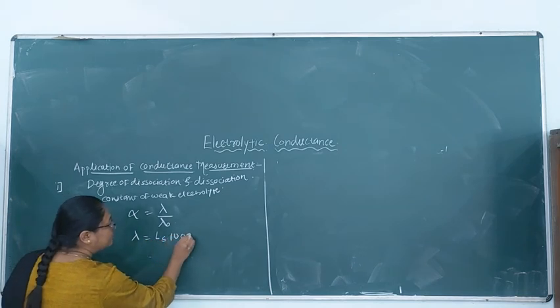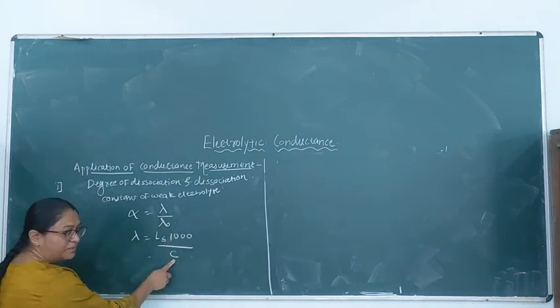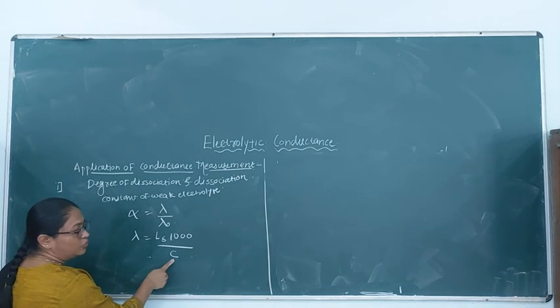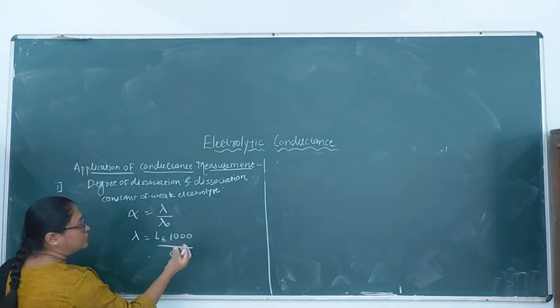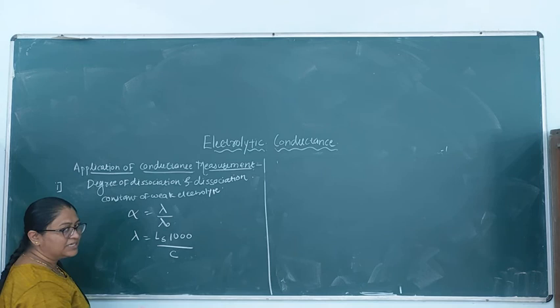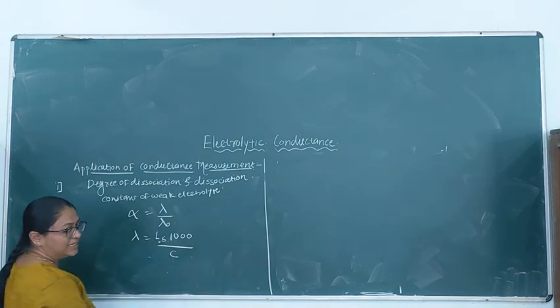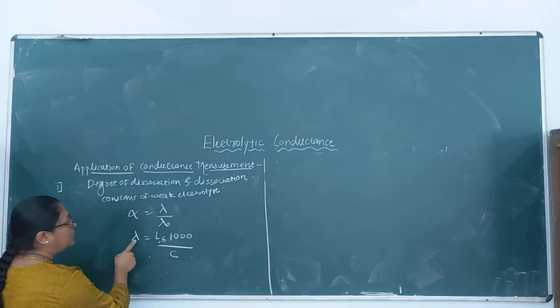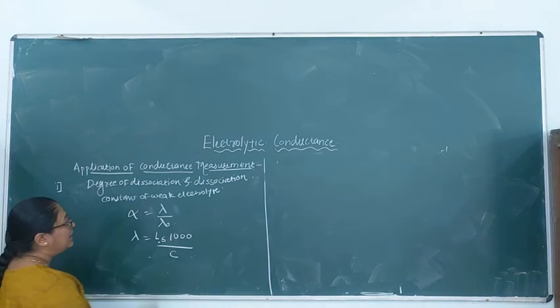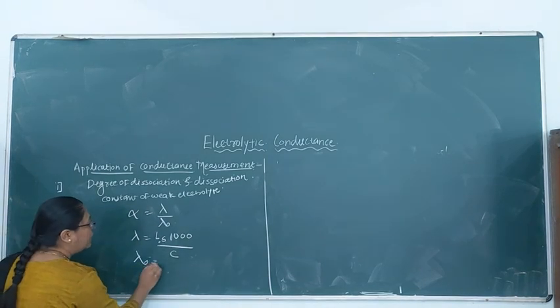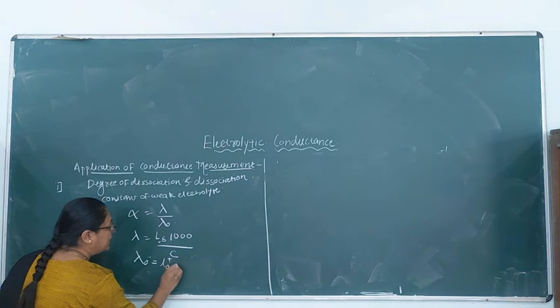By this relation we will prepare a particular concentration. So C will be known. From a particular concentrated solution, we can measure its conductance and calculate specific conductance. If these values are known, lambda we can calculate. Correct? Now, lambda 0, according to Kohlrausch law, we can calculate.